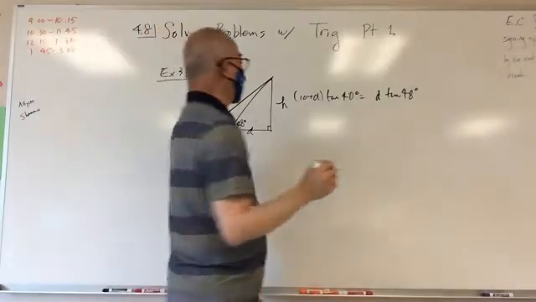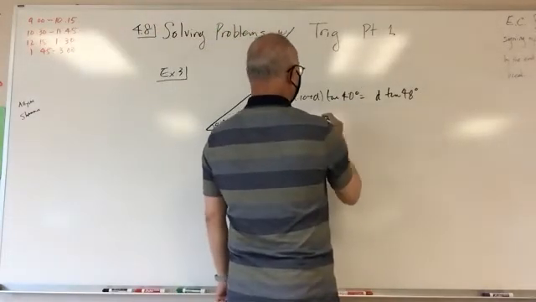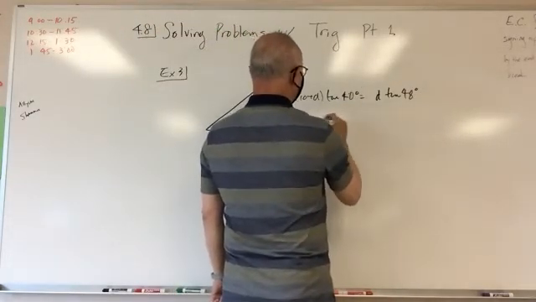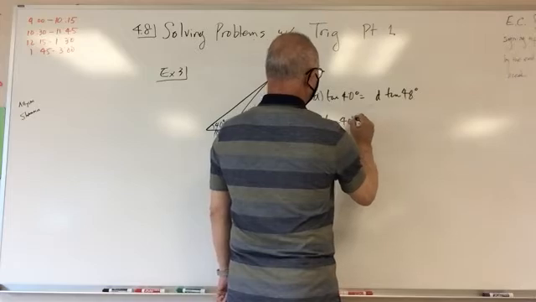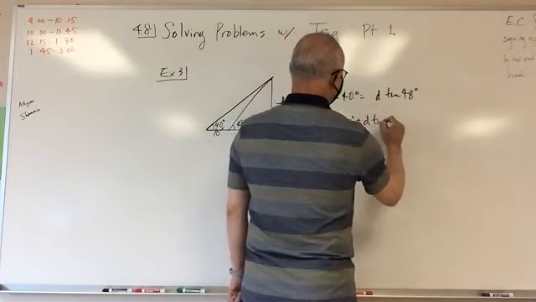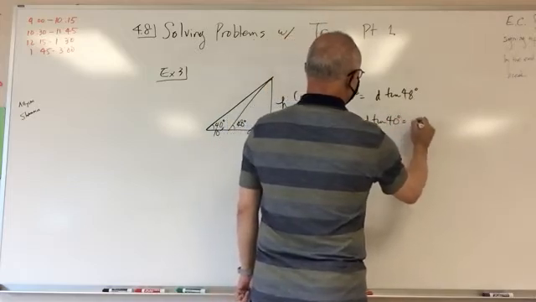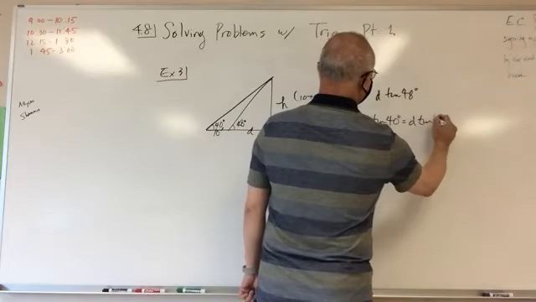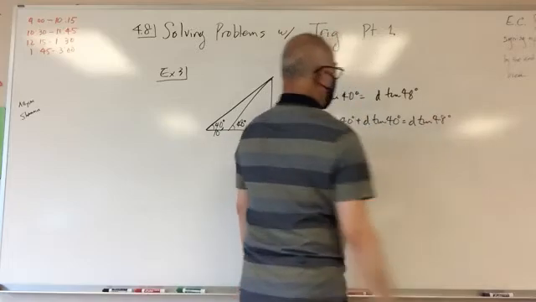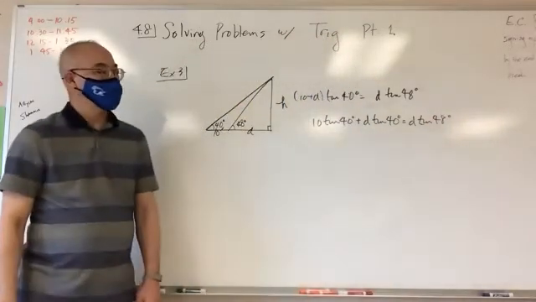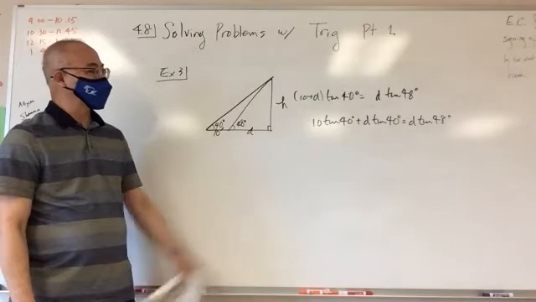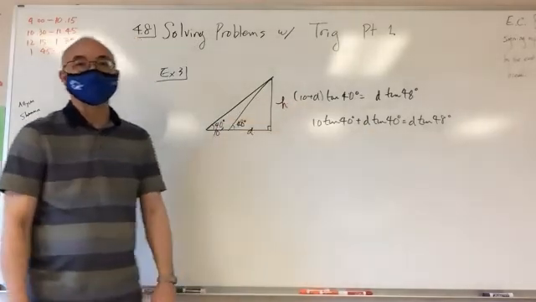We would solve for d, right? So you're going to have 10 tangent 40 degrees plus d tangent 40 degrees is equal to d tangent 48 degrees. I just undid the parentheses, is all I did.